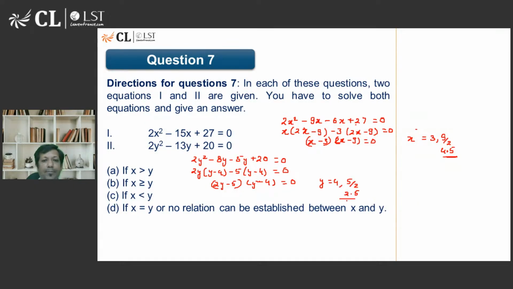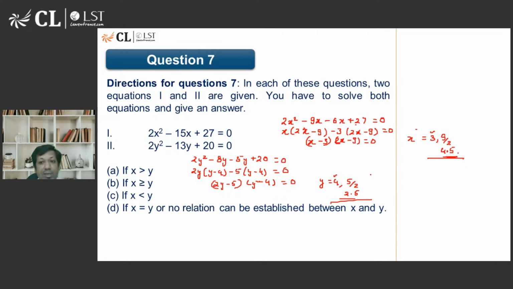Okay. Now, if y is 4, x is 3, y is greater. If y is 4, x is 4.5, then x is greater. But do we know which value of y we can take? We don't, because y can take either of the two values, x can take either of the two values. So I don't know what is the value of x, what is the value of y. So in some case, y is greater.